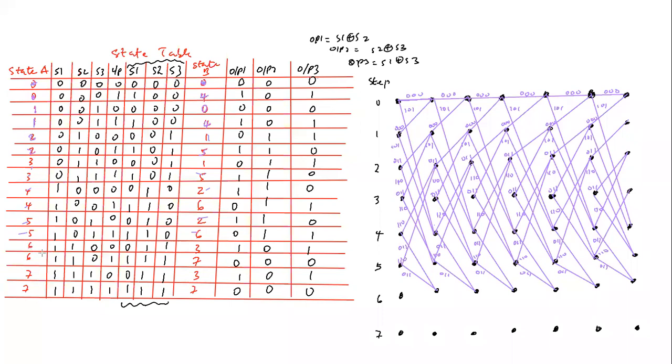Can now move from 6 to 3 and 6 to 7. So from 6, I move to 3, then I move to 7.